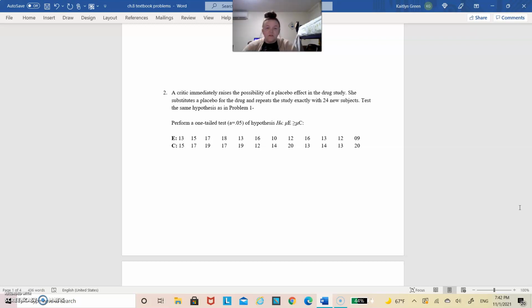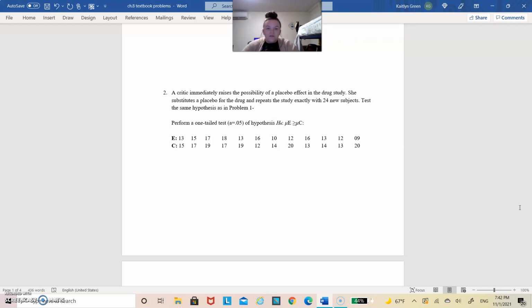Then we found the standard deviation, which was 2.77 for the experimental group and 2.94 for the control group, and N is still the same number.